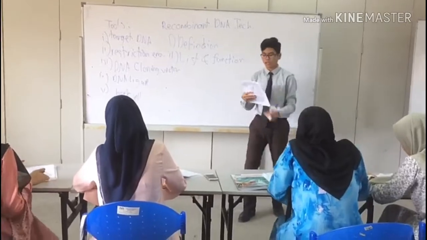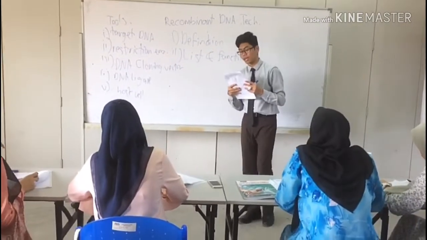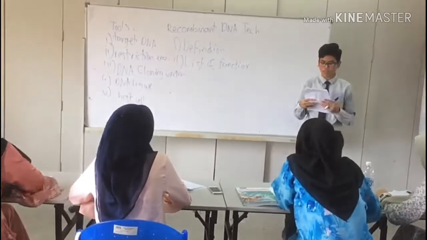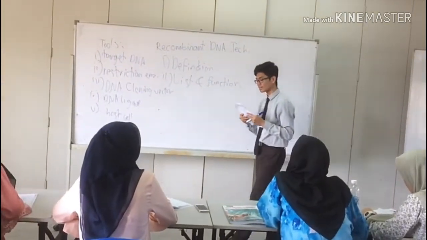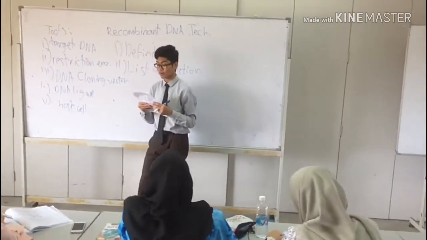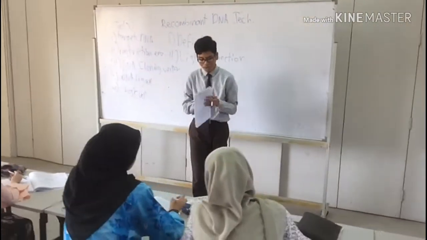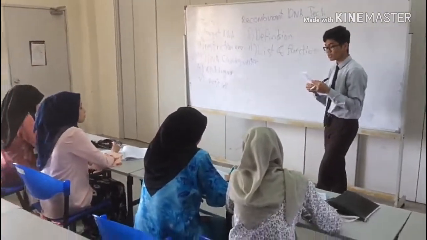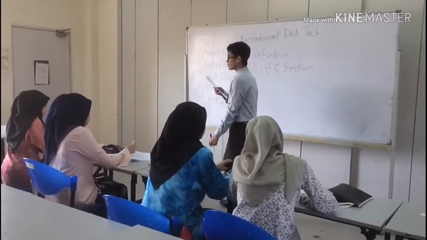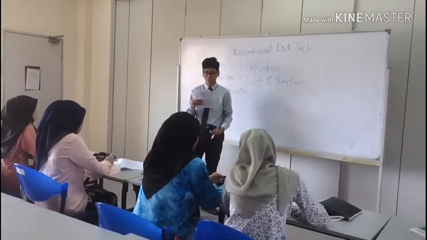Target DNA is a sequence of DNA containing the gene of interest, while restriction enzyme is the enzyme which cuts DNA molecules at a restriction site and produces short restriction fragments. A DNA cloning vector is a DNA molecule which can carry foreign DNA fragments into a cell and duplicate in that cell.